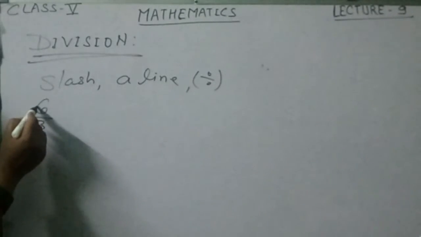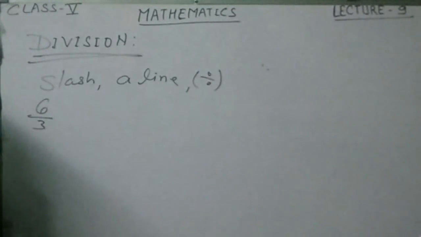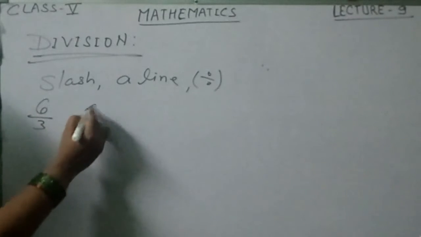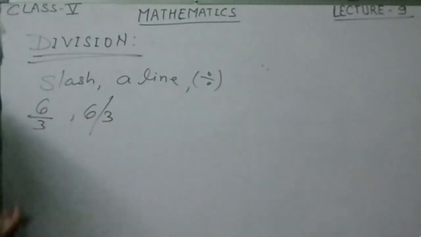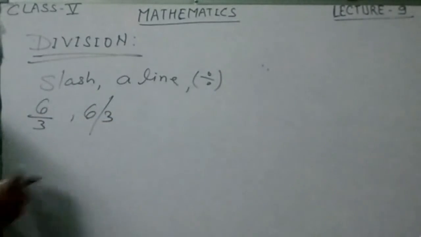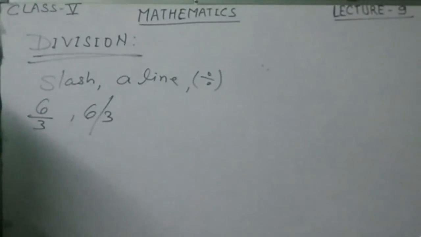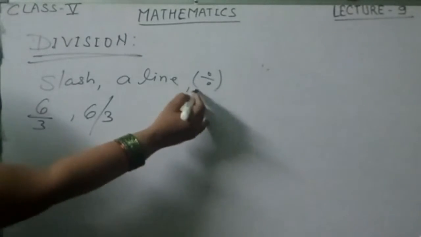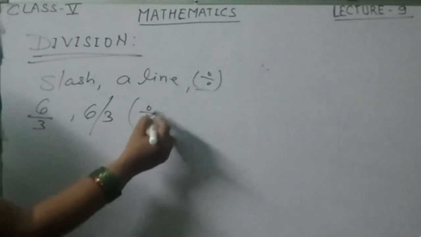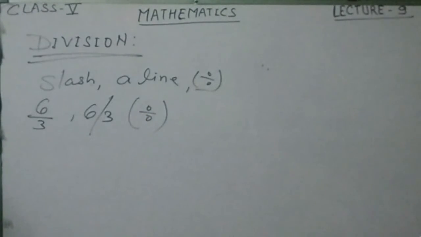Here 6 is dividend and 3 is the divisor. Again, line means 6 over 3. Like that we are writing. That is also a symbol of division, and this one is a common symbol, the sign of division.